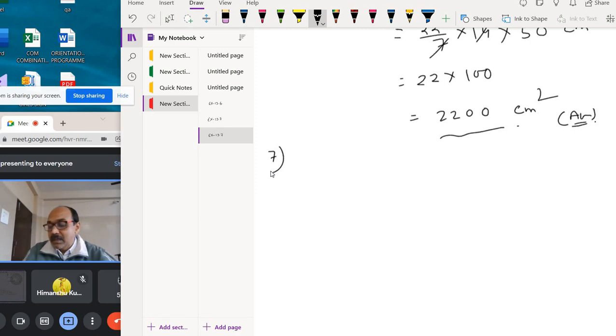A right triangle ABC with sides 5 centimeter, 12 centimeter and 13 centimeter is revolved about the side 12 centimeter. Find the volume of the solid so obtained. This is the question. Now you draw a cone.